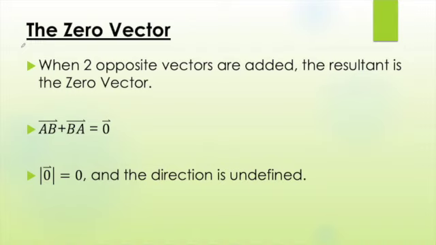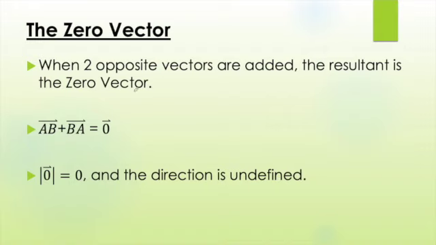Okay, we look at what we call our zero vector. It just means that when two opposite vectors are added, the resultant, or the final vector, is the zero vector. So if you were to add AB plus BA, it is equal to 0. Remember that the absolute value of 0 is going to be 0 and the direction is undefined. So that's how you would state it for a zero vector.